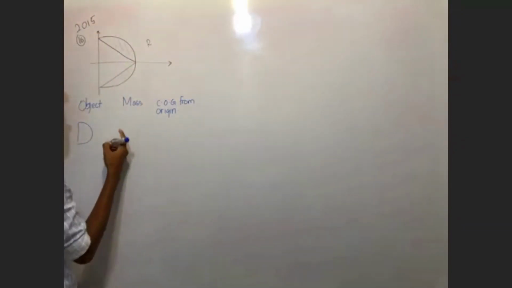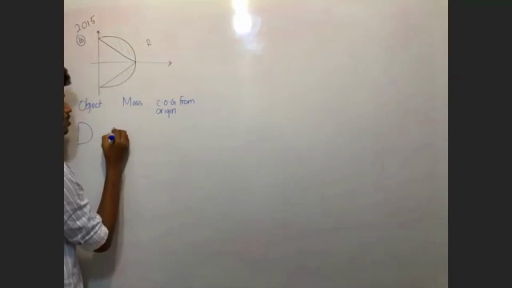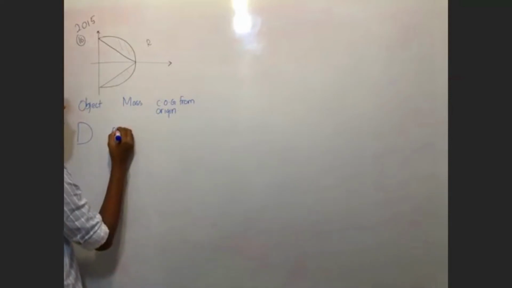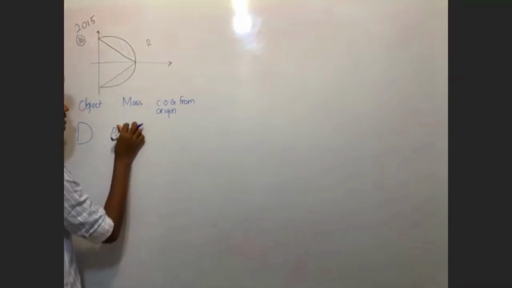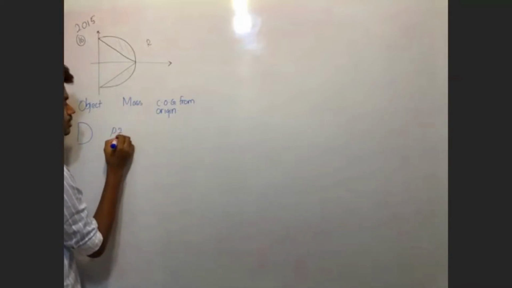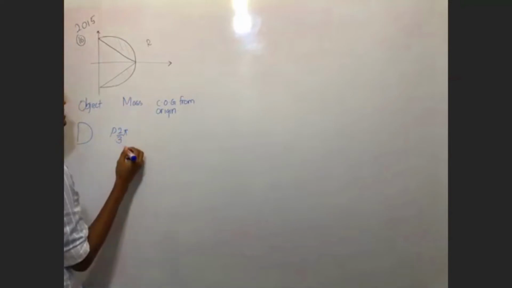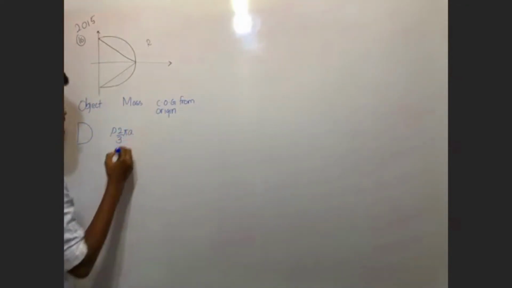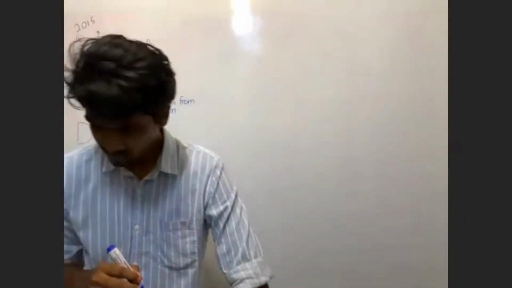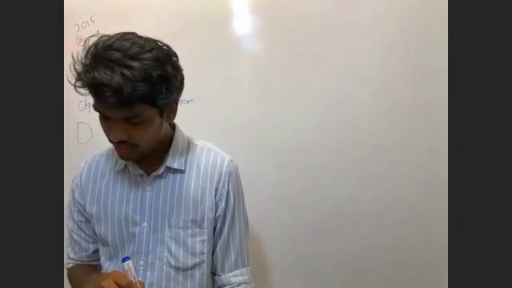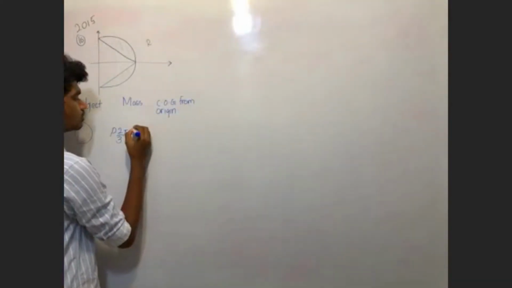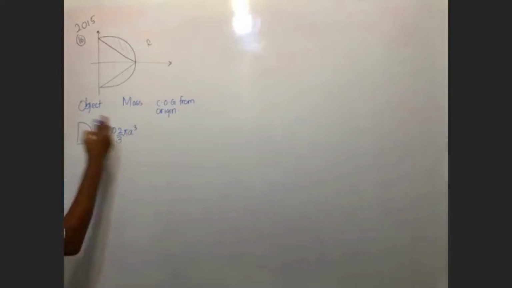What is the mass of the hemisphere? Rho times 2/3 pi, and the radius is a, so rho 2/3 pi a cube.